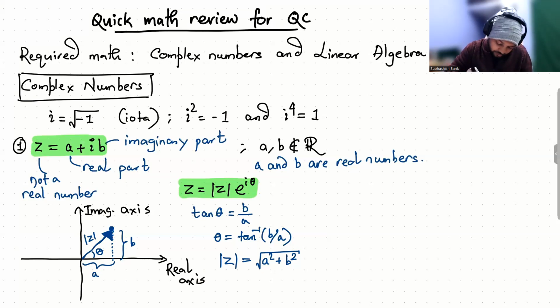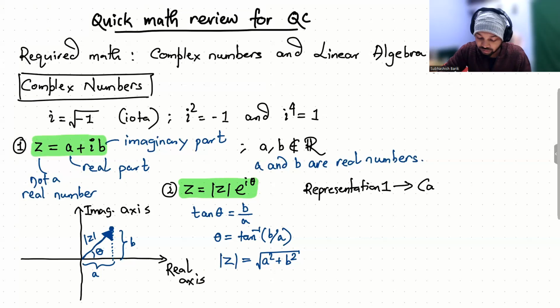One is this and two is this. The first representation, representation 1, is called the Cartesian or rectangular representation.